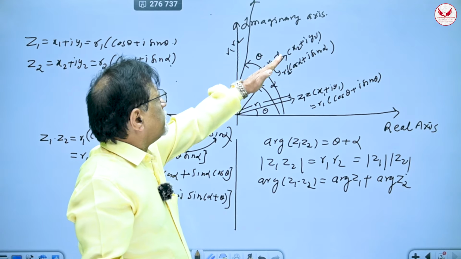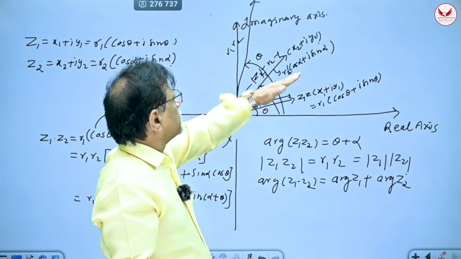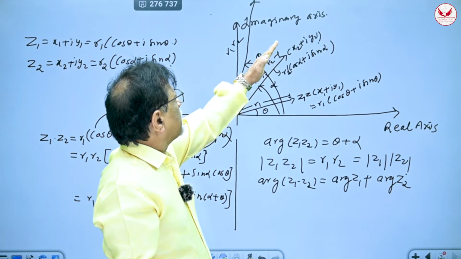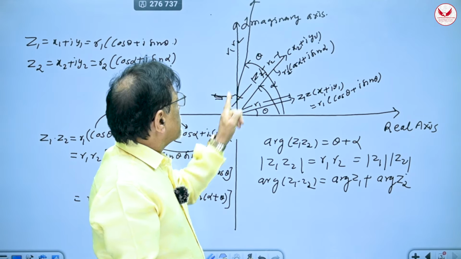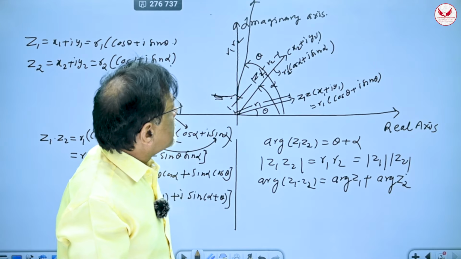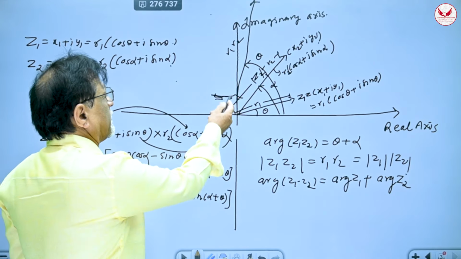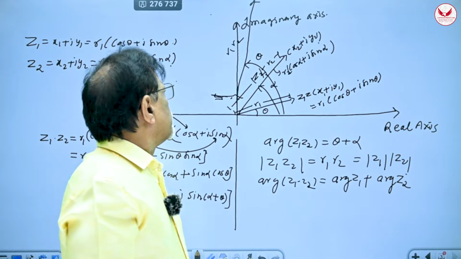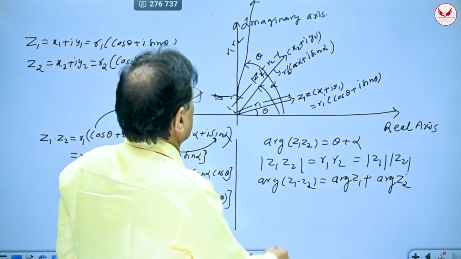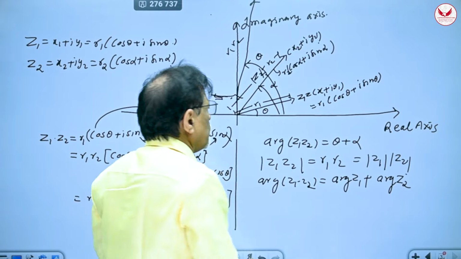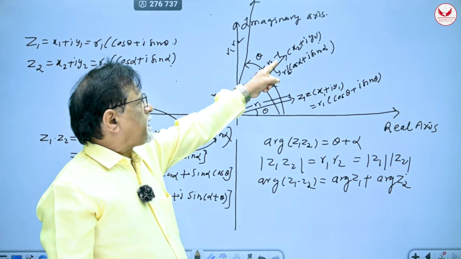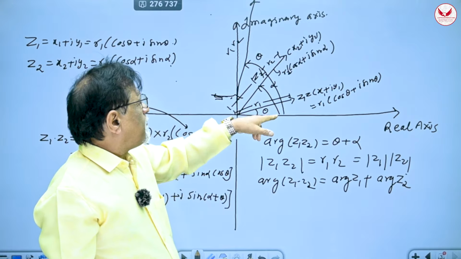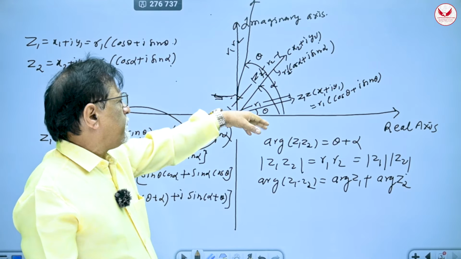It is like the second vector has been rotated through an angle of theta, but its modulus keeps on changing because it reaches a larger height as R1 is getting multiplied by R2. So remember one thing, when you multiply complex numbers, it has the effect of rotating the second vector by the angle of the first vector.